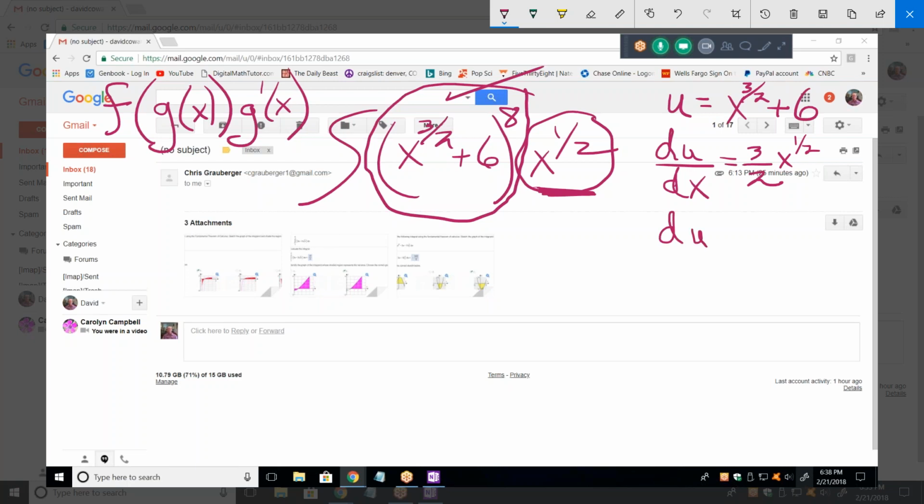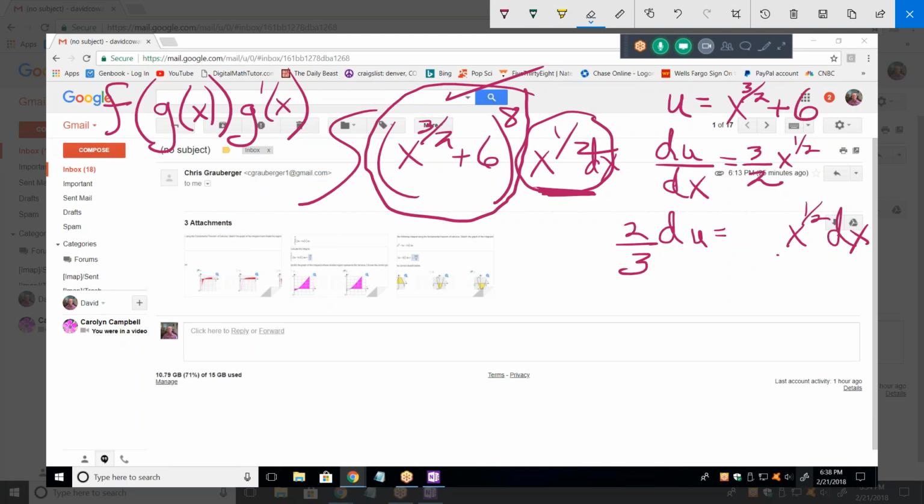So the next thing is to get the dx on the other side. This time, let's just get the 3/2 on the other side. Well, I have to multiply both sides by 2/3 to get rid of that 3/2.